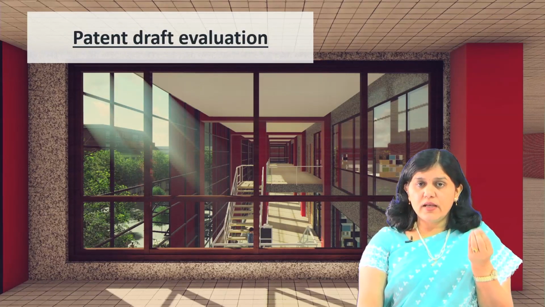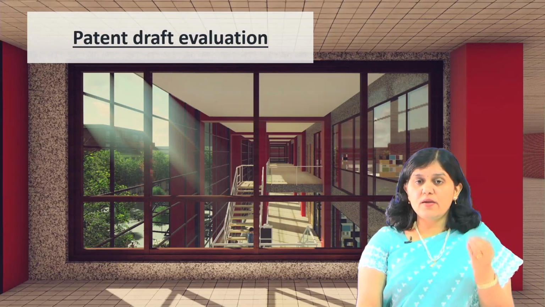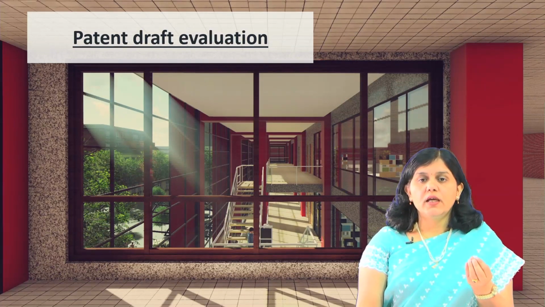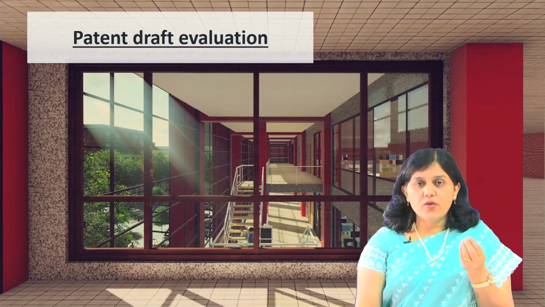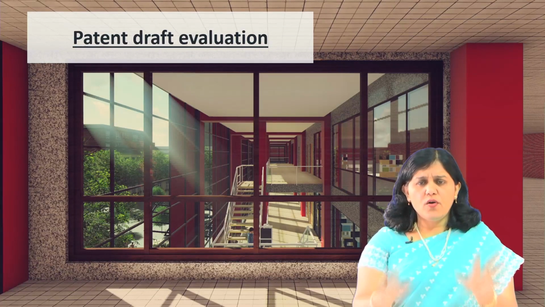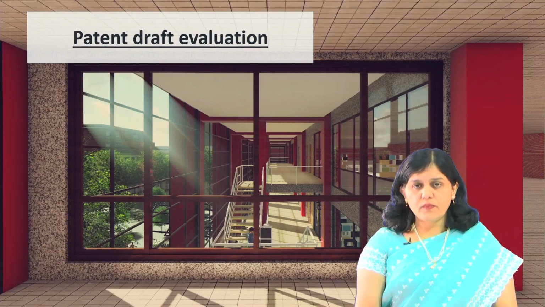So, you have to be very clear what your invention is, whether my invention is patentable, and the disclosure. Everything we have seen in that tool, you have to check, and see whether my invention really follows all the particular things mentioned in that patentability tool.